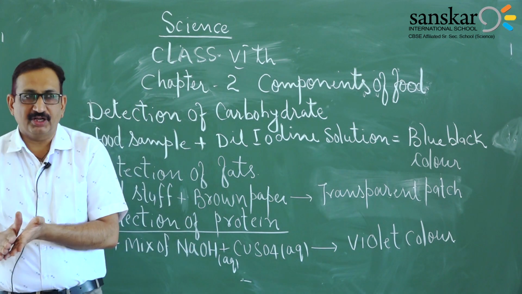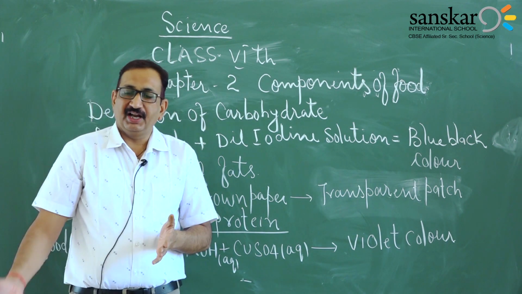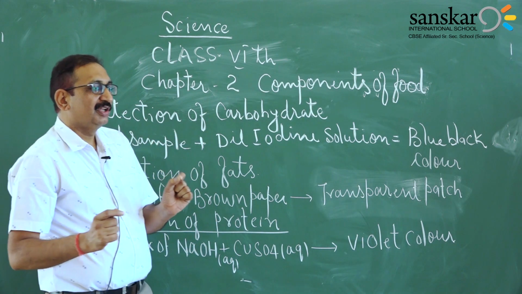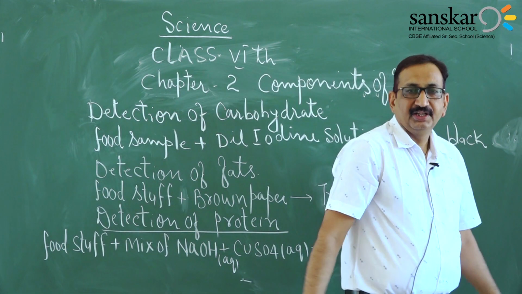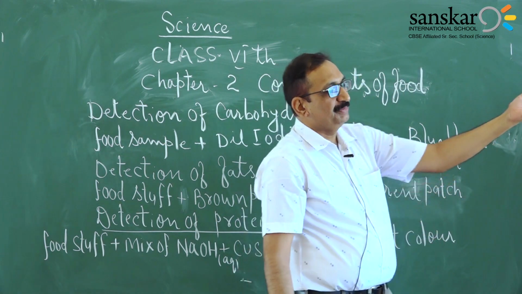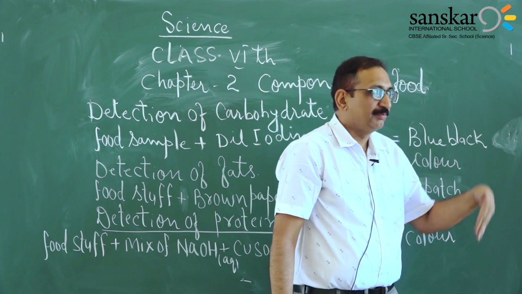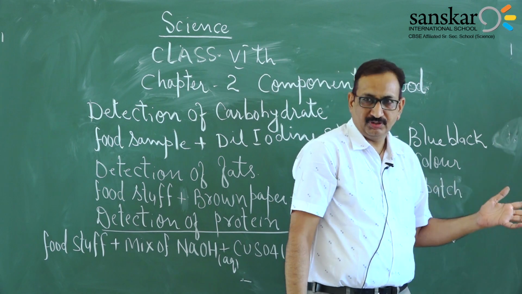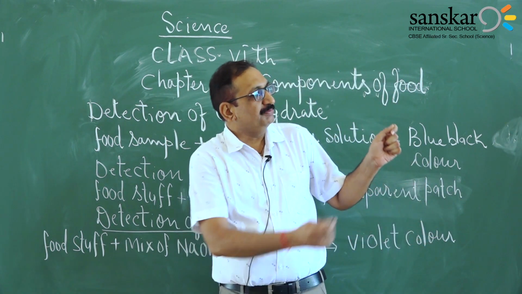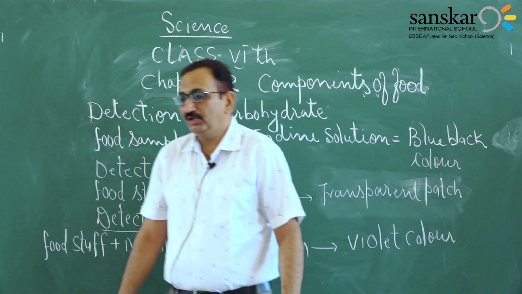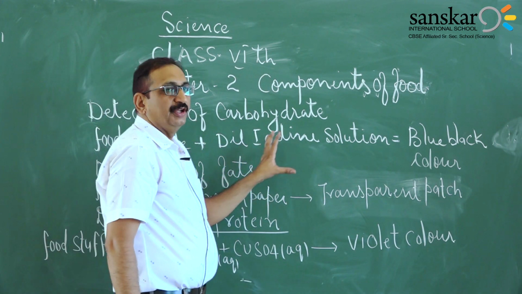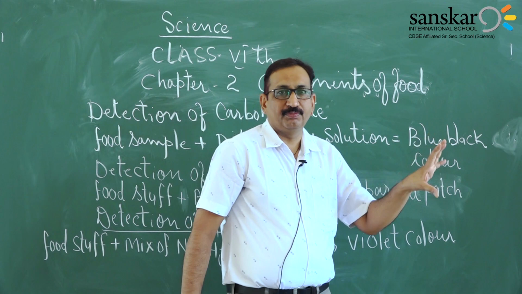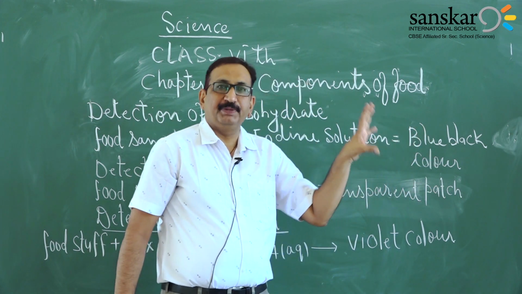After that, you have to rub gently, and keep that paper in front of a source of light. That source of light may be the sun, a battery, a torch, or a candle. You will find that a transparent patch is formed at the center of the paper.